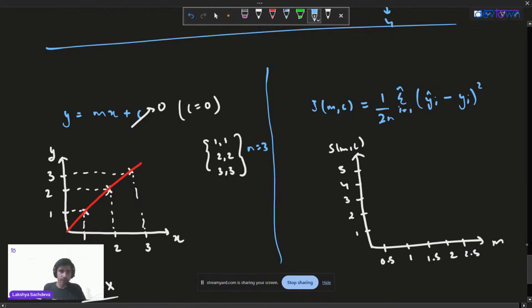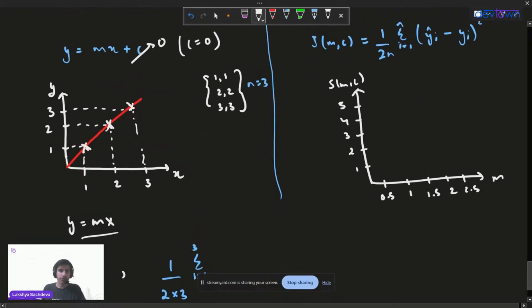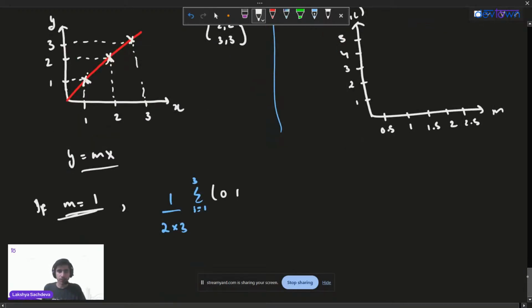As you can see in this case, there is no difference between the predicted value and the actual value. The best fit line covers all of the 3 points, so there is no difference. The y hat minus yi for my first point will be 0, second will be 0, and third will be 0. So I will have 0 plus 0 plus 0, because there is no difference between any of the points.